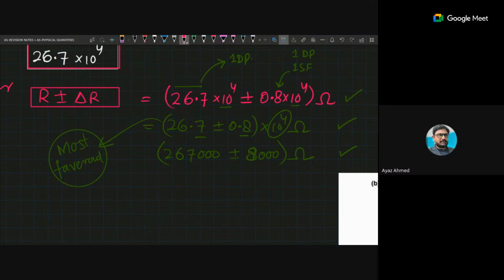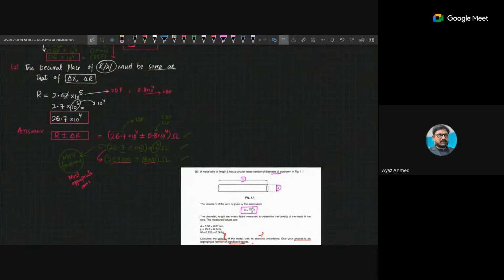The most appropriate answer is 26.7 plus minus 0.8 into 10 raised to power 4. Or you can write that in whole numbers, 267,000 plus minus 8,000. This is also a number that can be accepted. So this was basically related to your uncertainties.